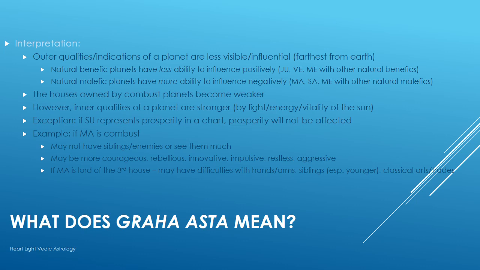The other thing you have to consider in a chart is that whichever planets are combust, you have to look at the houses that those planets own, and the houses that the combust planets own are usually weaker.